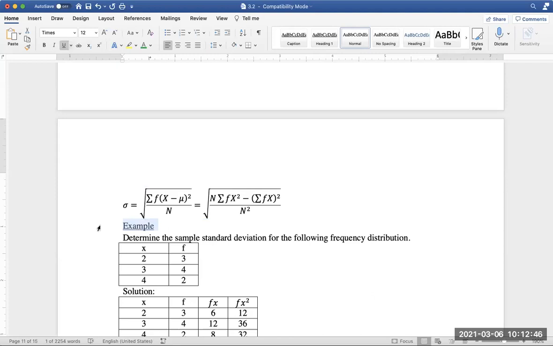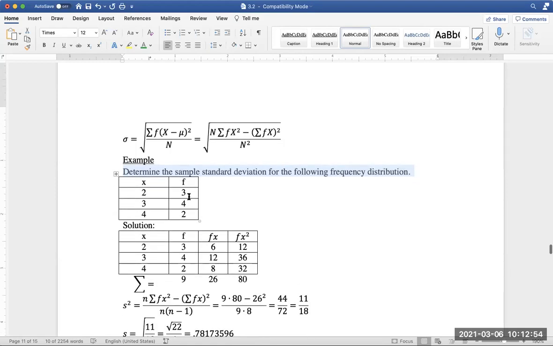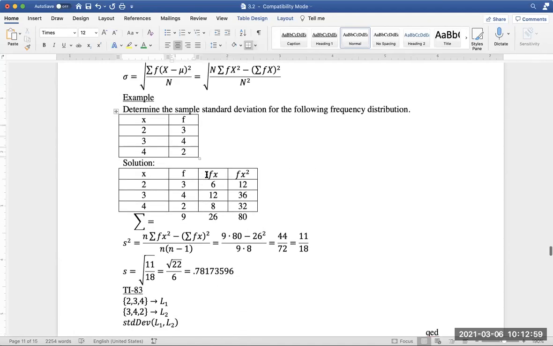So let's do this for an example. Determine the sample standard deviation for the following frequency distribution: 3 2s, 4 3s, 2 4s. Let's attach 2 additional columns, the fx column and the fx squared column.